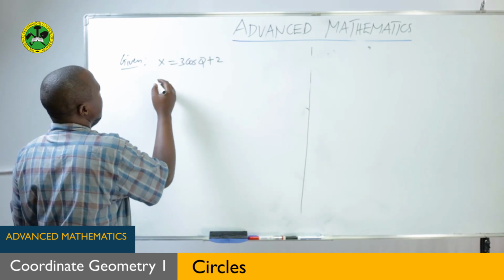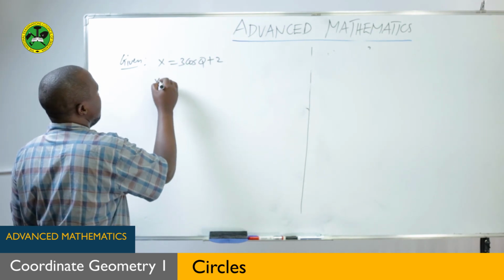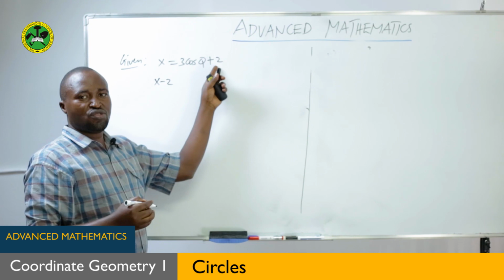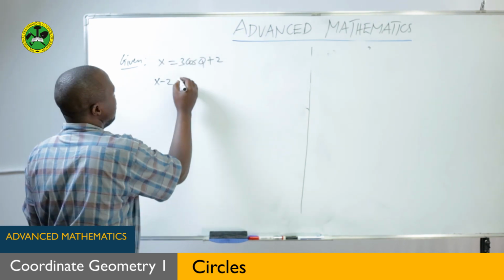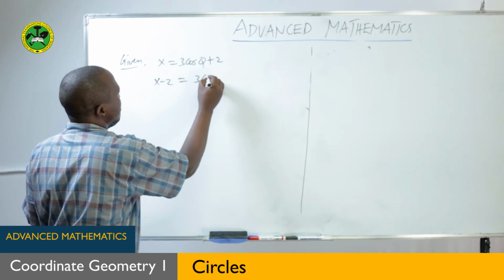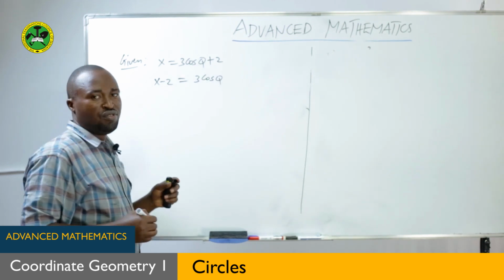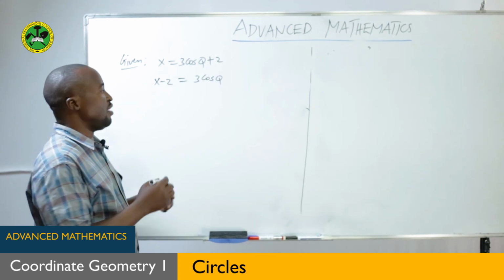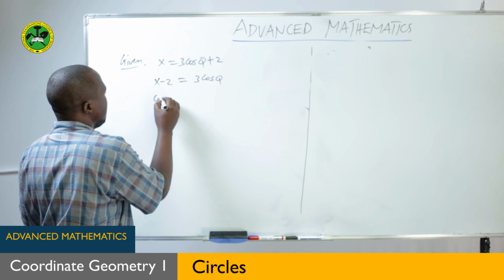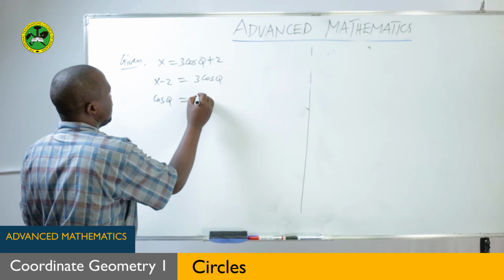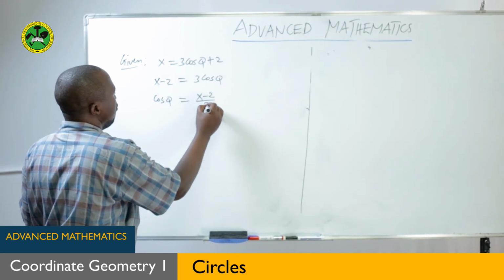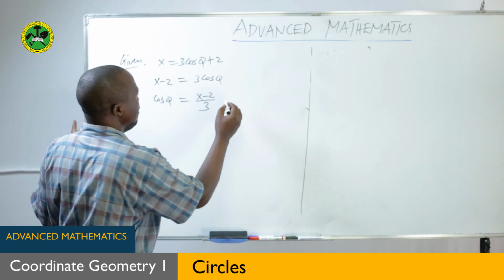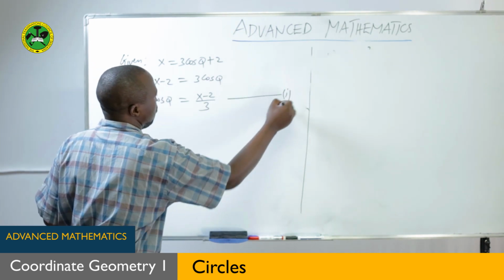That is x minus 2, just shift 2 to our left hand side, which is equal to 3 cos q. So making cos q the subject, we are going to have cos q is equal to x minus 2 over 3. Call that equation 1.